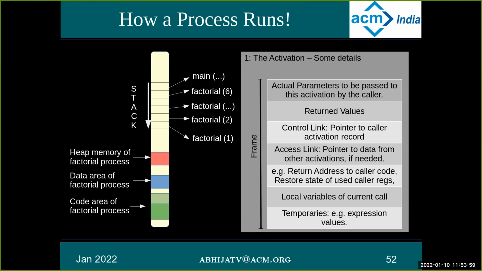The actual parameters, of course, are the values to be passed by this activation by the caller. Return values will be the ones that will be returned by the callees. Control link is a pointer to the activation record of the caller itself. So that connects the callee activation record to the caller activation record. Access link would be a pointer to data from other activations if needed. So think of, for example, exceptions.